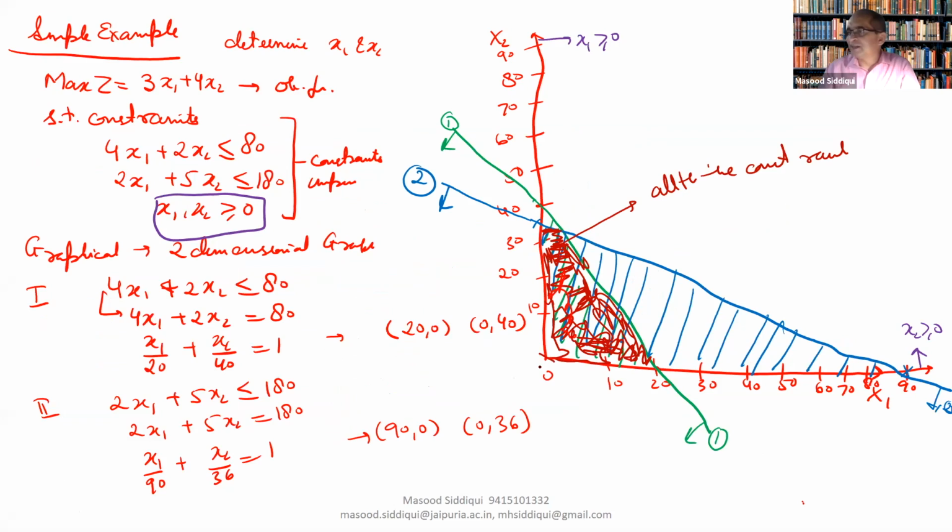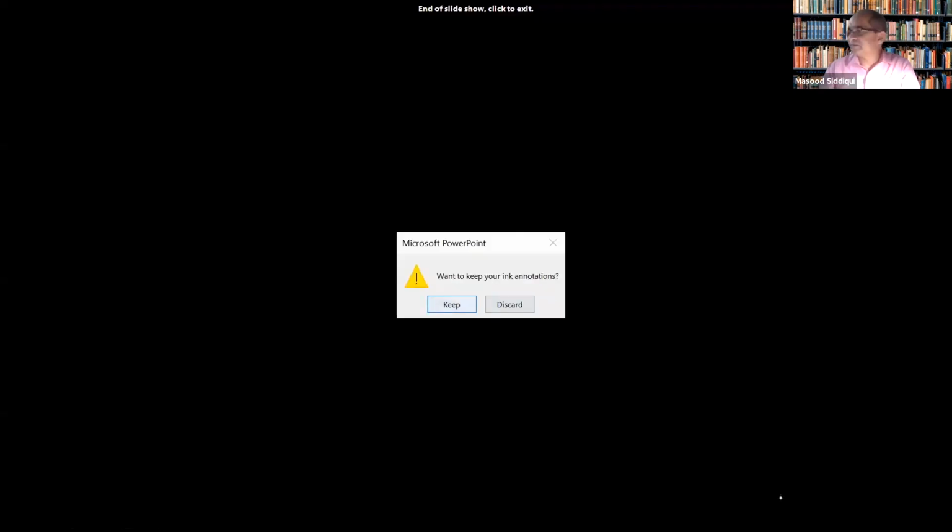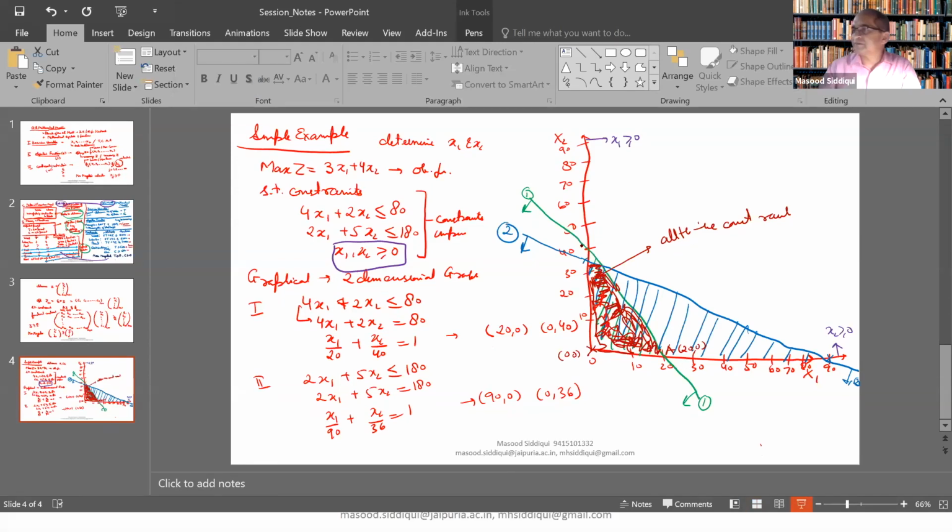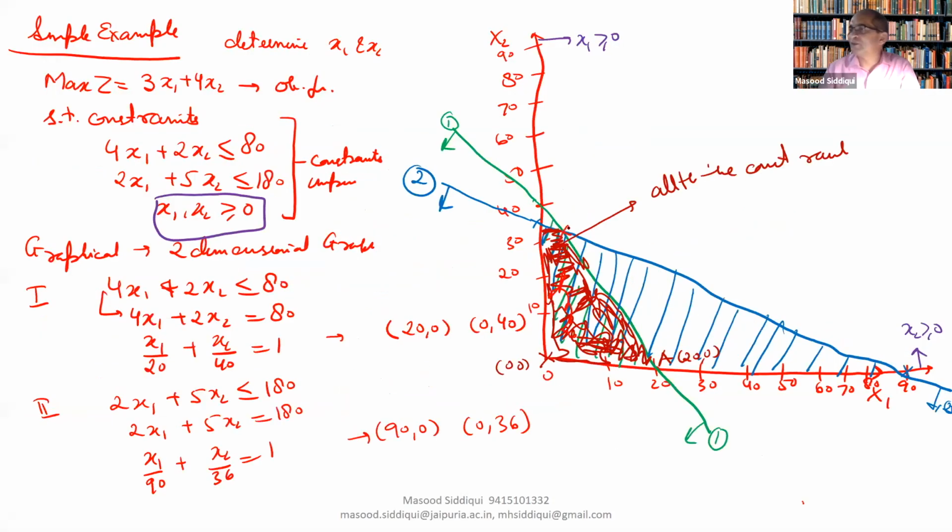So here it is 0, 0. Suppose this is O, this is A, this is 20, 0, and this is the point that satisfies both the lines.